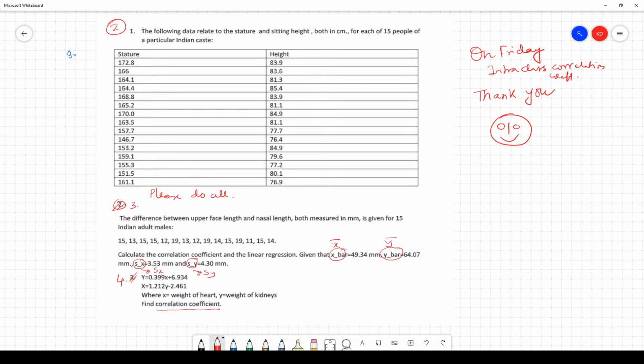Then multiple regression takes 4 classes with practical. Then categorical data also takes 3 classes. So 7 classes plus 1. I think I need 8 to 10 classes more. Okay, thank you.